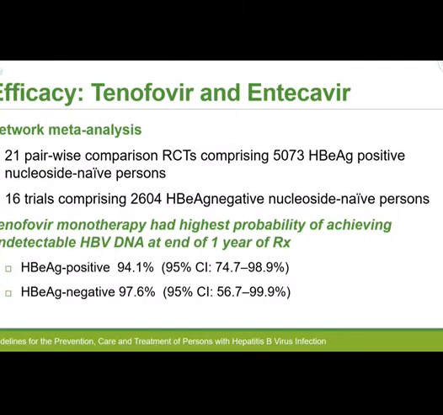A network of 21 pairwise comparisons of randomized controlled trials, comprising nearly 5,000 hepatitis B antigen positive patients who had not been given nucleoside analogs before, and 16 trials, showed that tenofovir monotherapy has the highest probability of achieving undetectable hepatitis B virus DNA at the end of 1 year of treatment.